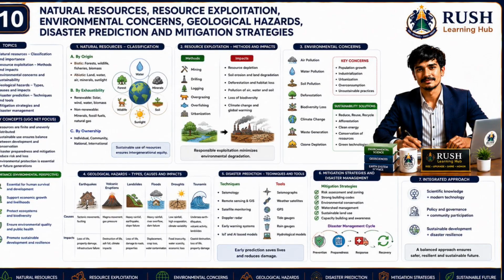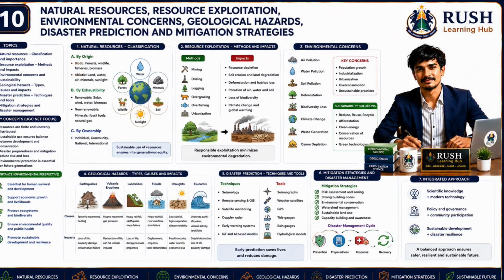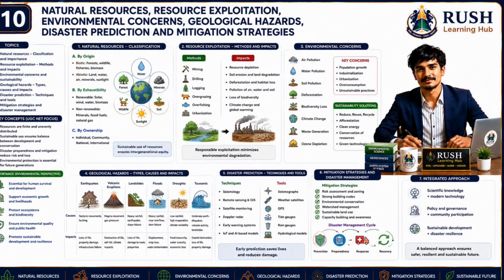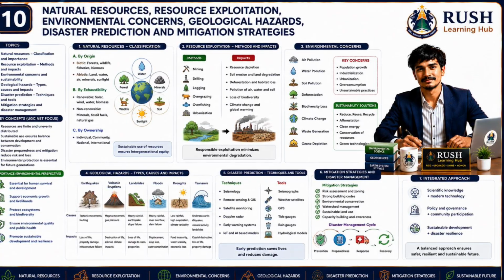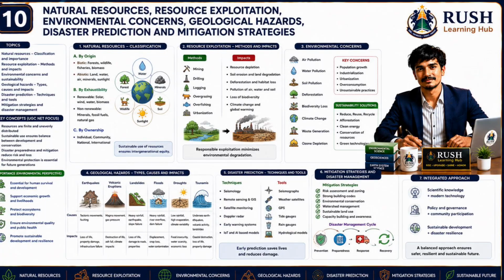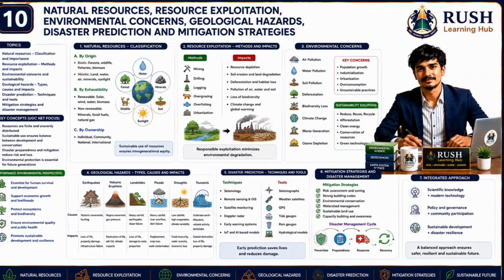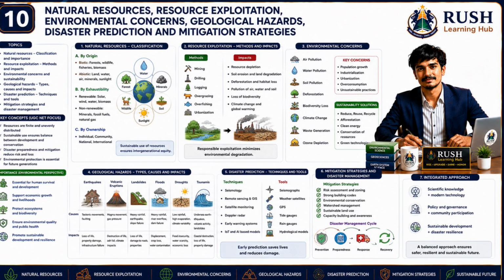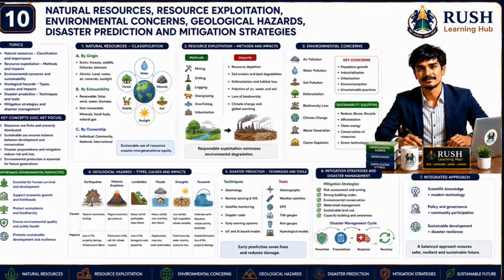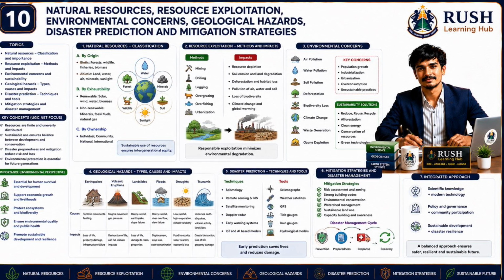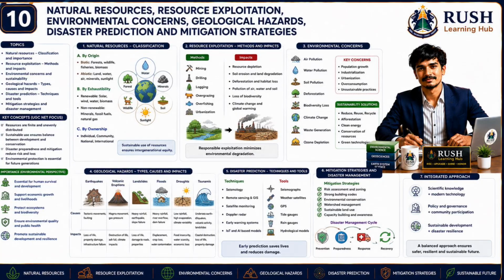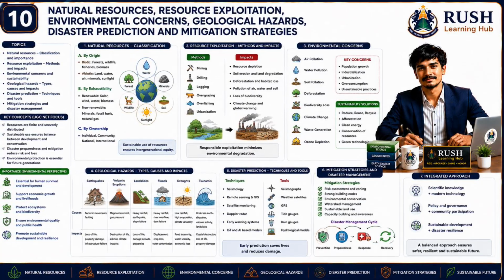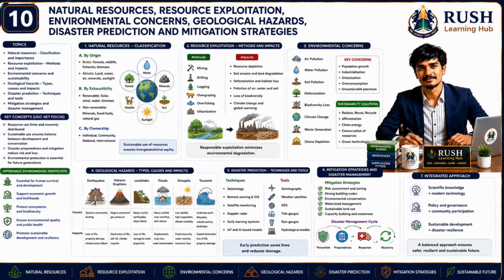Industrial activities generate pollutants that contaminate air, water, and soil. Overexploitation of groundwater leads to depletion of aquifers and land subsidence. Deforestation and habitat fragmentation result in biodiversity loss and ecological imbalance. Therefore, sustainable resource management is essential for balancing economic development and environmental conservation.